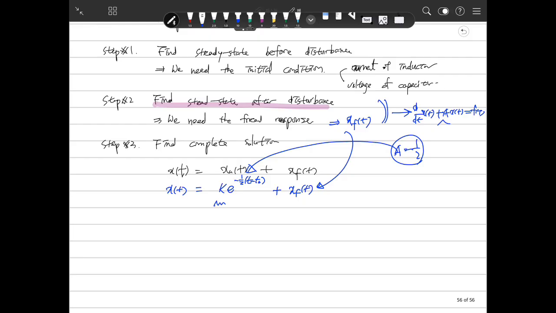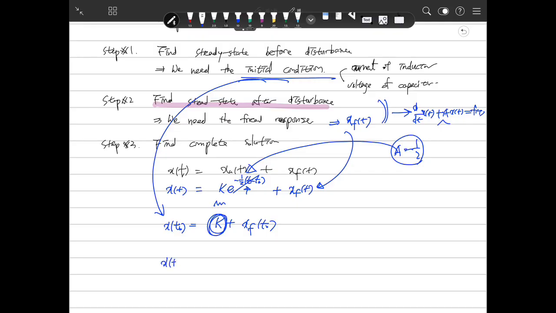To solve for it, x(t0) is the initial condition. At t equals t0, the exponential is 1, so x(t0) equals k plus x_f(t0). Based on this, we can calculate k.